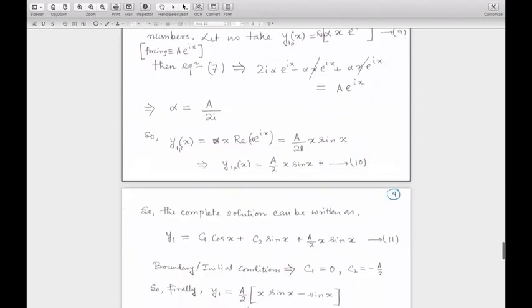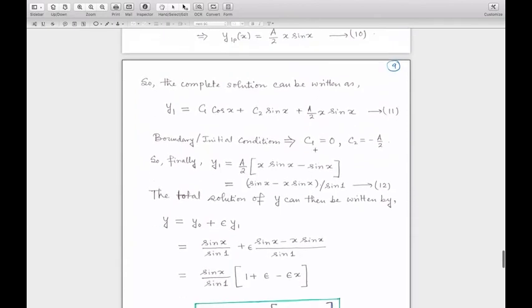If you use that, you can easily show c1 is equal to 0, because at x equal to 0, y1 is 0, so those two terms vanish. When x is equal to 1, y1 is also 0, so c2 plus a by 2, times sine of 1, is equal to 0.